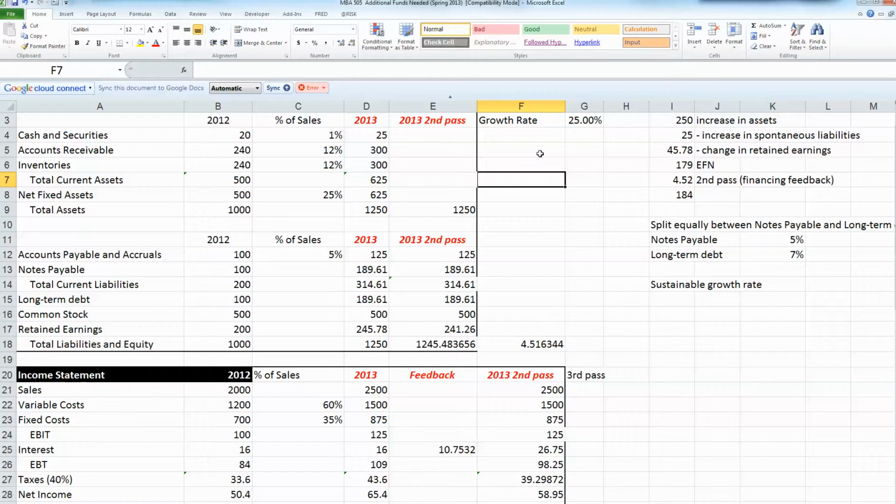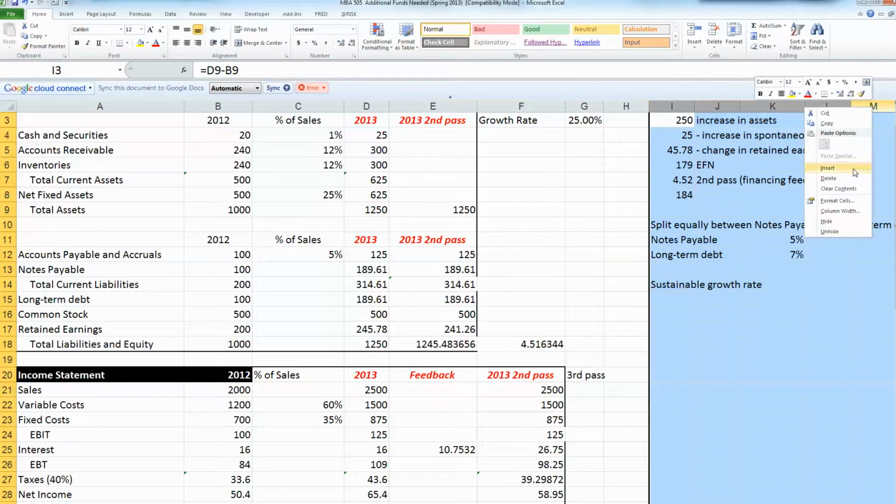Another thing that we could do is assess individual accounts and see whether we think we're being efficient on that. For instance, I might be interested in evaluating my accounts receivable.